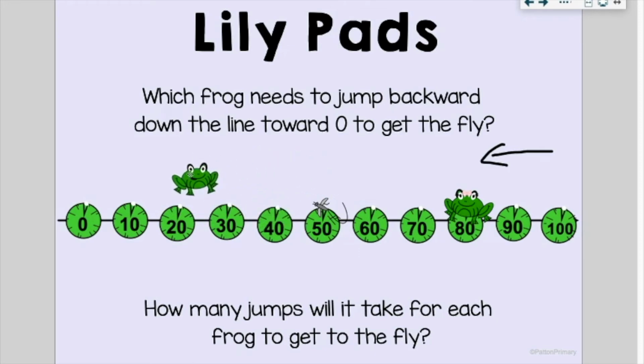So he has to go 10, 20, 30 to get to the fly. And Polly, let's see how many jumps she needs. 1, 2, 3. Polly also needs 3 jumps. So 10, 20, 30 inches to get the fly. So Tad and Polly both need to go 30 inches, 3 jumps to get the fly.